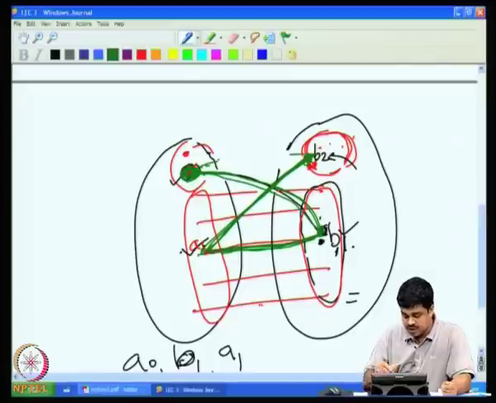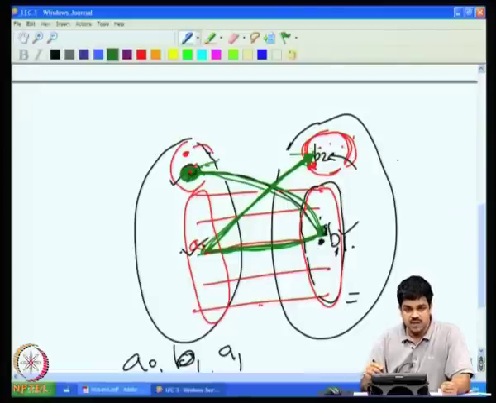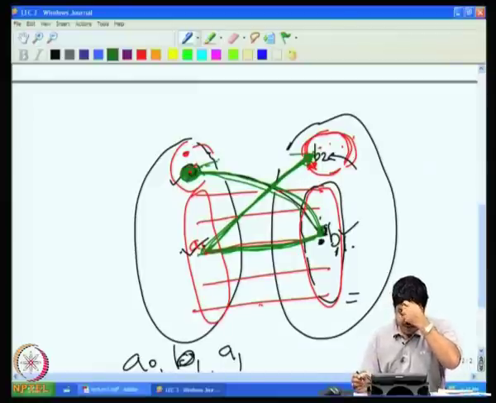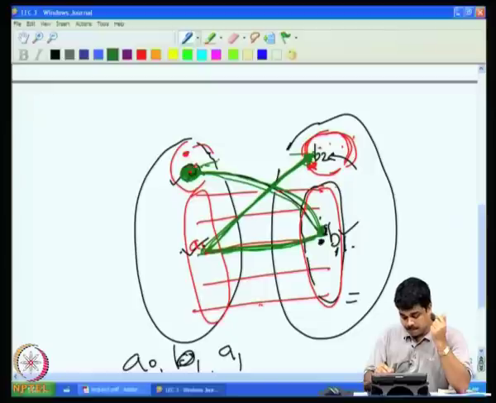So, this is an alternating path, because it starts on an unmatched vertex on the A side and reaches an unmatched vertex on the B side, traversing unmatched edge, matched edge, unmatched edge, matched edge, like that. But then we know that if there is an augmenting path, the matching we have already considered, these red edges, is not a maximum matching.